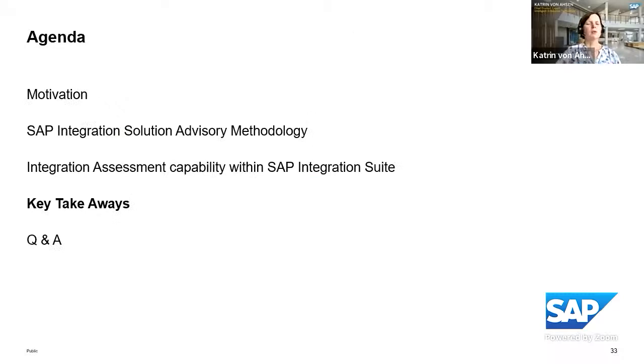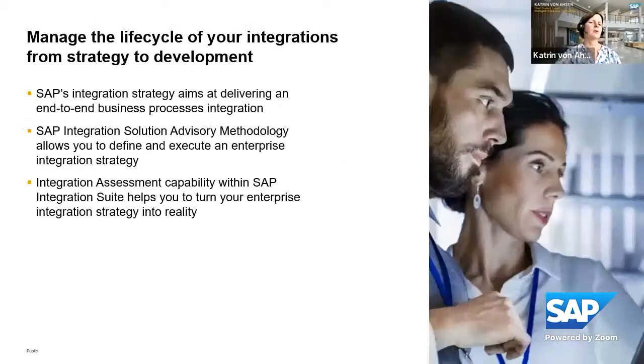Okay, with that, I would like to wrap up the session with the key takeaways. What we have covered is that with the help of the methodology, you can manage the life cycle of your integrations from strategy to development. The SAP integration strategy, as outlined at the beginning, aims at delivering an end-to-end business process integration along SAP solutions.